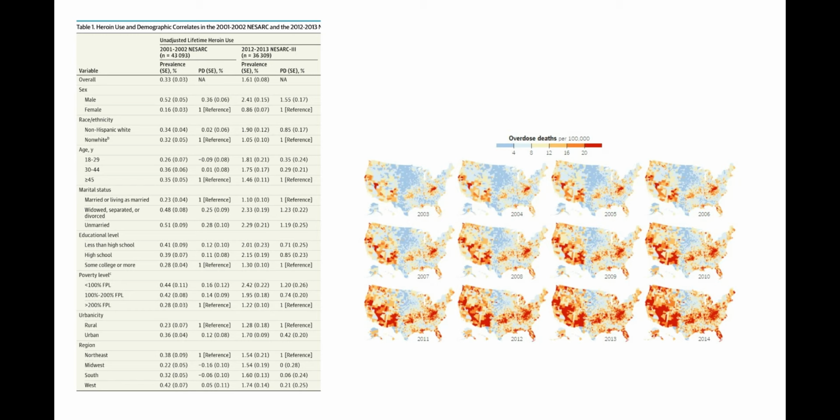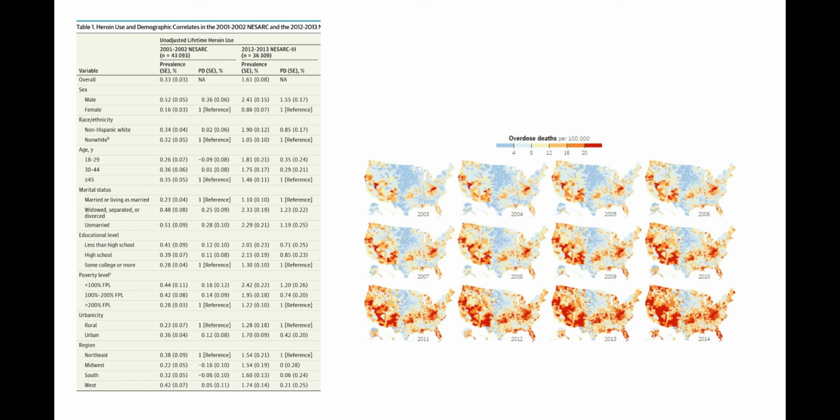So this table on the left is a study looking at overdose deaths and some of the factors associated with increased or decreased risk of overdose. On the right, we see maps of where these overdoses are occurring. So we can look at changes over time. We can look at changes in location.